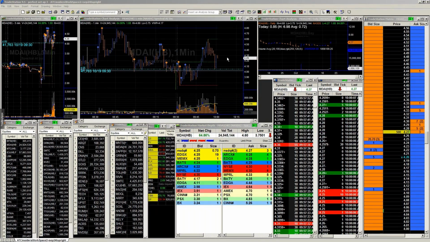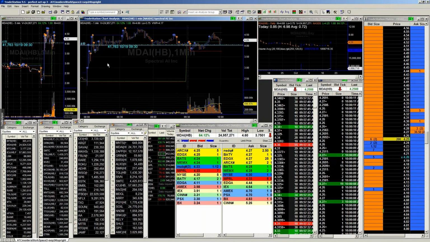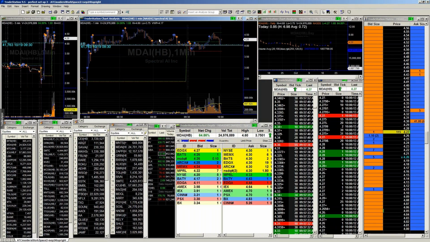Yeah, well, not only do we have a print line there, but remember how strong 4 actually was during the pre-market as well.